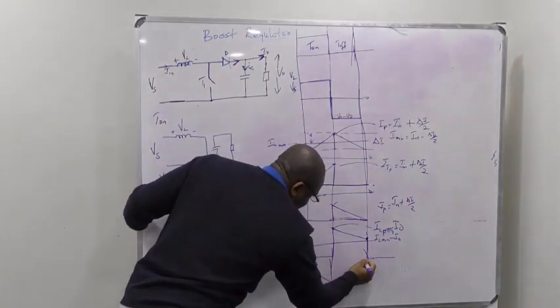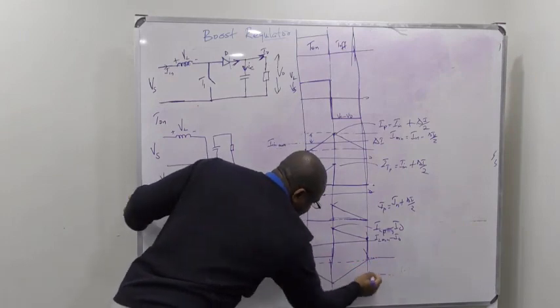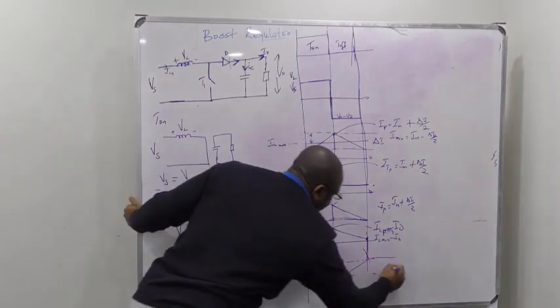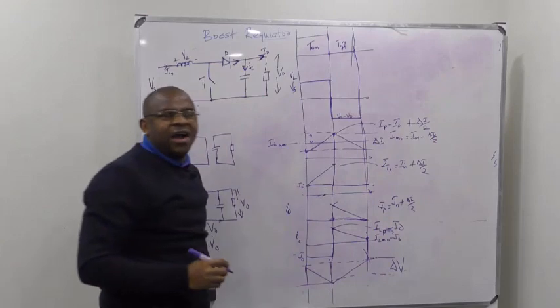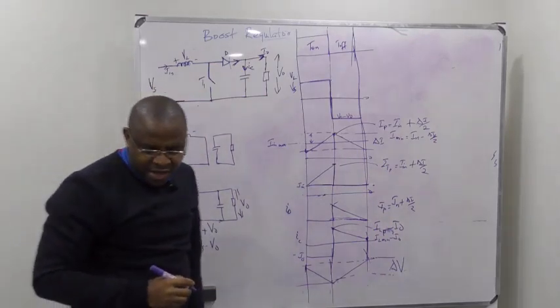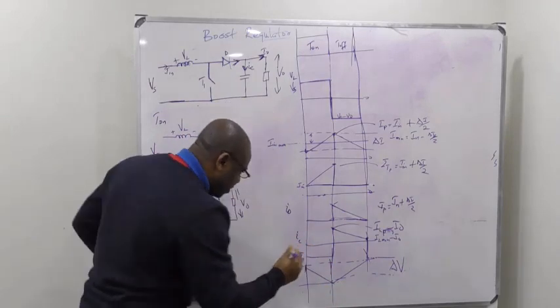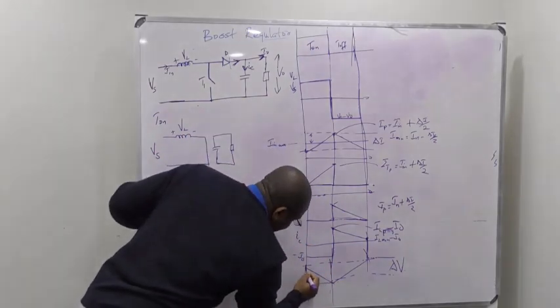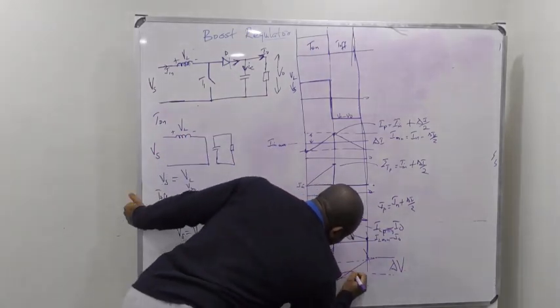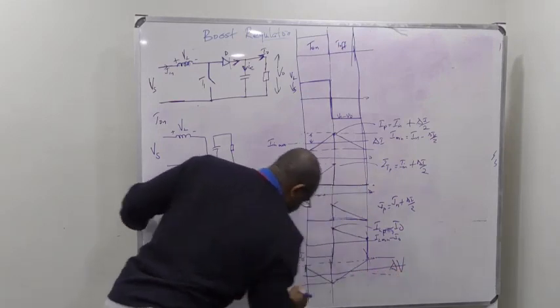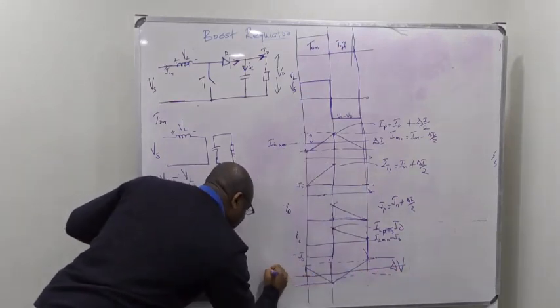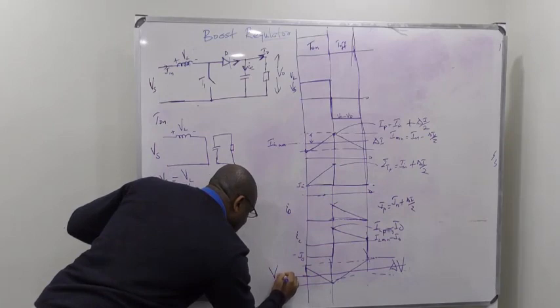Okay, so that you have this as delta V. If you got delta V, that means you are going to have the average voltage that goes across the center of that. So this is V average.